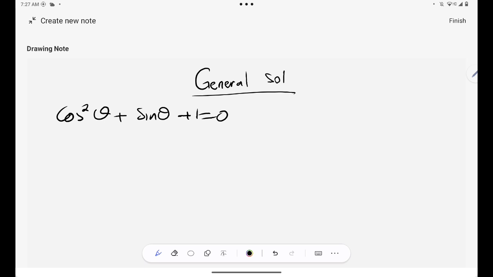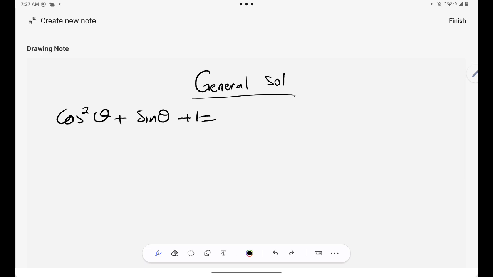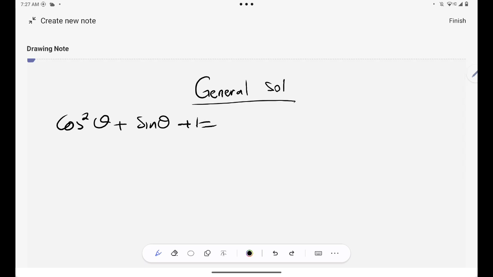If you're struggling with how to find general solution, please go to lesson number 33, where I teach about general solution, the lesson before this one.